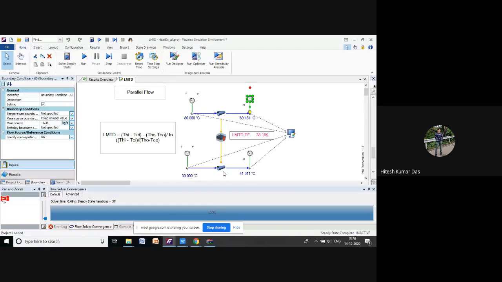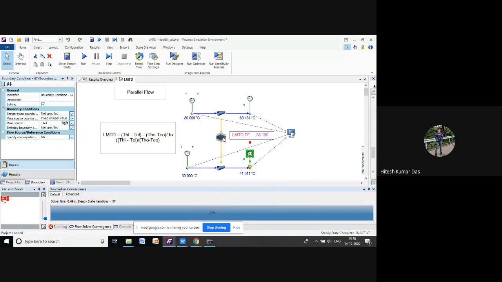And this side is for cold fluid. This is the cold inlet side. For the cold inlet side, we have assigned temperature as 30 degrees Celsius and pressure as 1.2 bar. For the cold side, the same mass source we are considering here as minus 1.3. Minus means mass flow is happening from this side to this side.